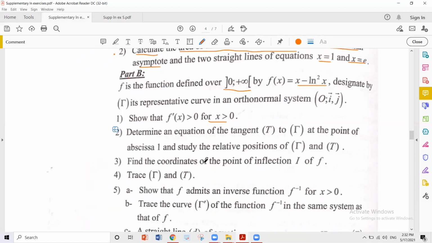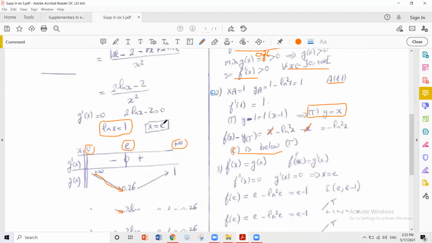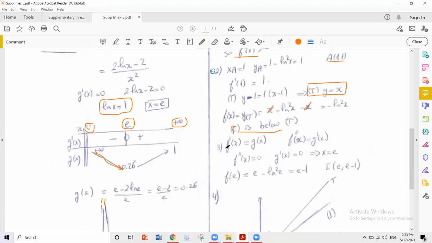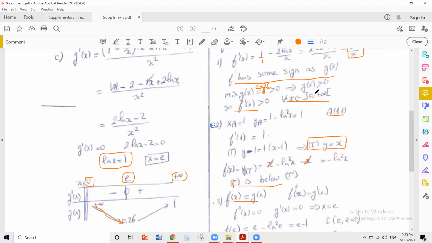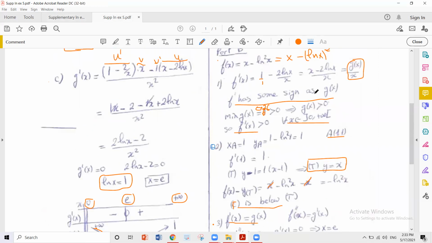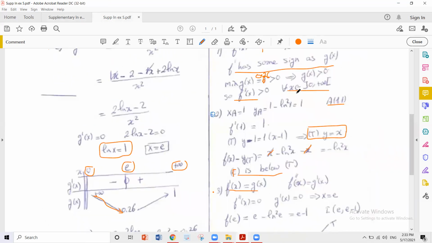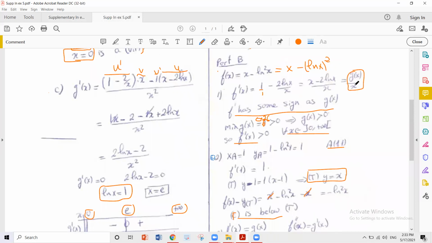Find the coordinates of the point of inflection. The point of inflection is the point where the second derivative is 0. We proved that f prime x equals gx, not gx over x, just gx. Let's correct it here.